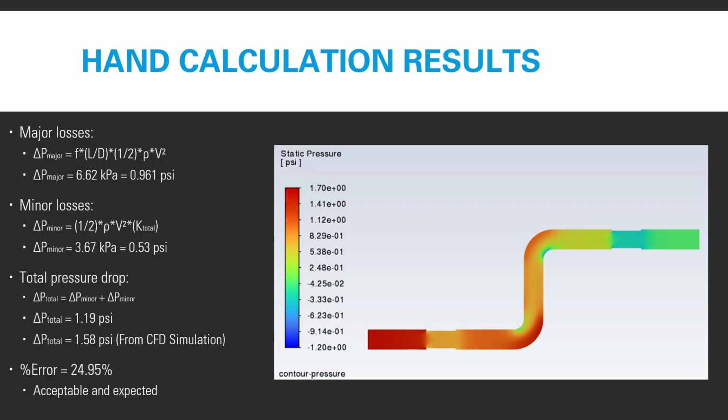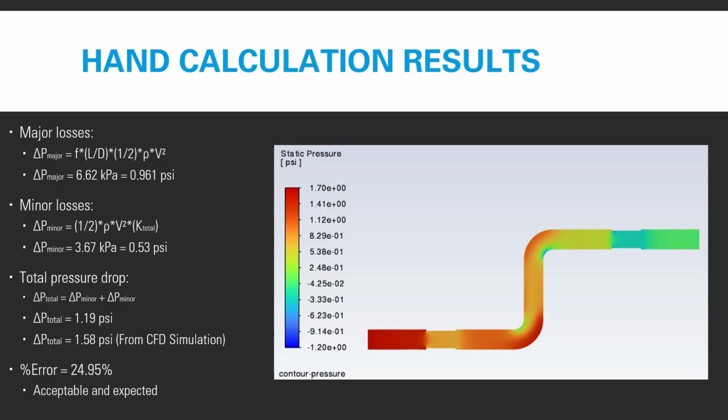CFD accuracy depends on many factors, including the mesh, the mathematical model, and the boundary conditions. One of the most important steps in CFD is the mesh independence study, where you refine the mesh and confirm that the solution no longer changes significantly. If the mesh is too coarse, especially near walls, reducers, or elbows, the simulation may underpredict or overpredict losses.